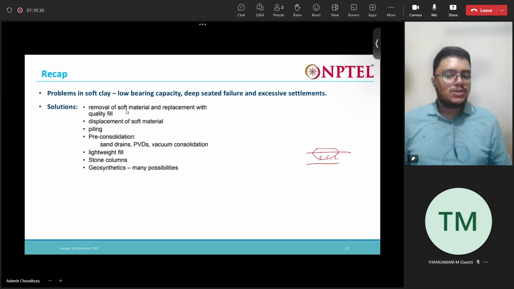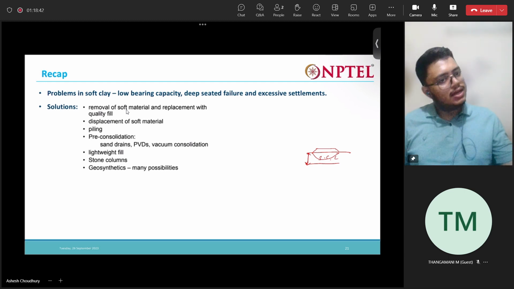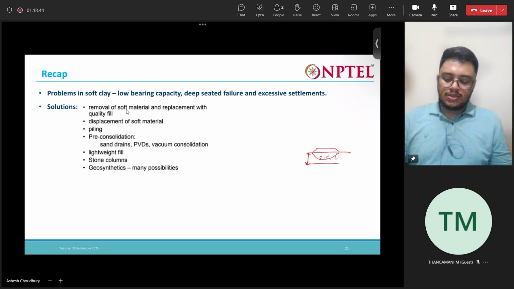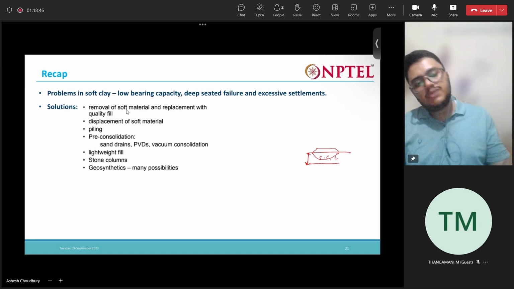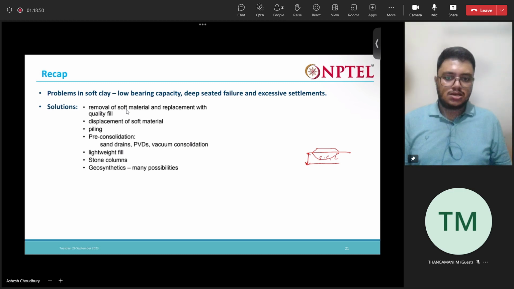Okay, so what are the possible solutions? If this soft soil layer is of less thickness, we can just remove the soil and replace it with good quality soil and then compact it. That is one solution.